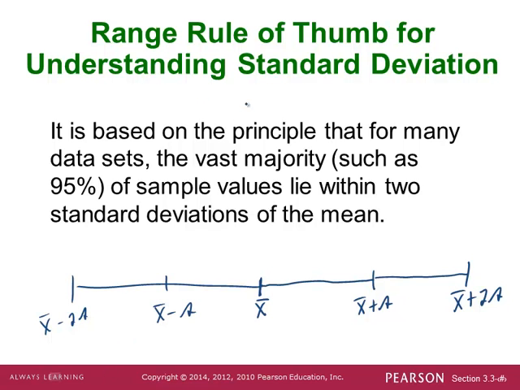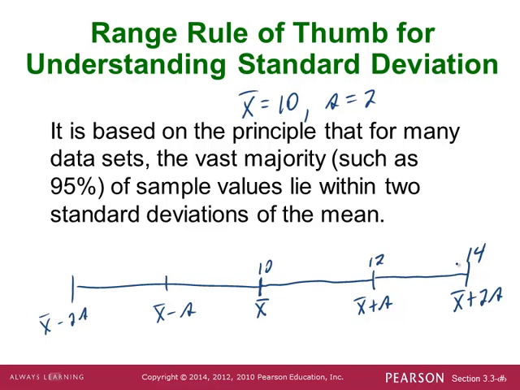So for example, suppose we've got a sample with a mean of, say, 10 and a standard deviation of 2, just to make it simple. So we have 10 here, 12 here, 14 here, because here we've added 1 standard deviation to the mean, here we added 2.